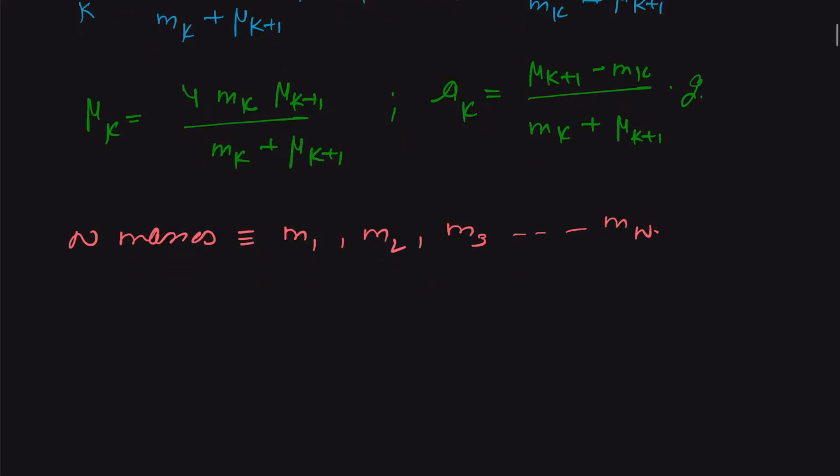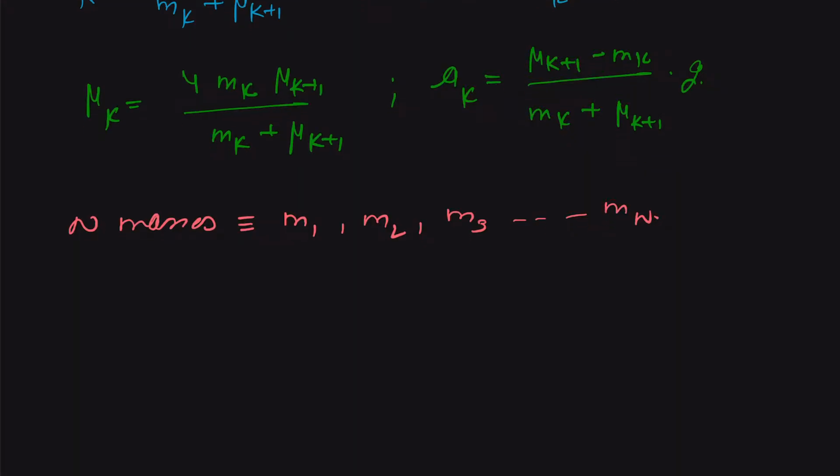And we can also write that, if you make a one-to-one comparison with respect to the pulley, our m1 will be equal to our m, m2 will be equal to m by 2, m3 will be equal to m by 4, and so on, and mn will be equal to m over 2 raised to power n minus 1.